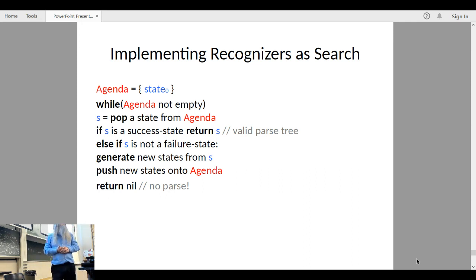This allows us to talk about this as a search space, because what we're doing is we're searching the whole space of all these edges that we're getting, and it works pretty well, it's pretty efficient. You can do optimizations on the agenda itself. You can definitely prune it so that you can ignore the ones that aren't going to complete, and so you can make it much more efficient.